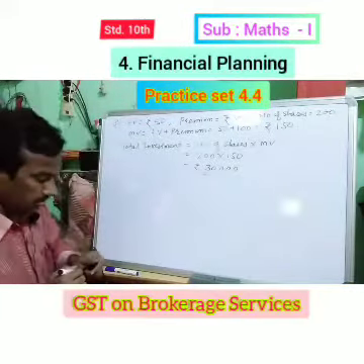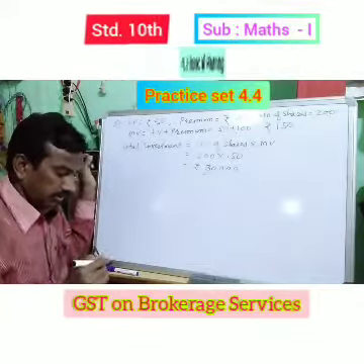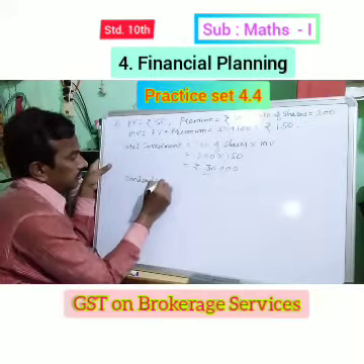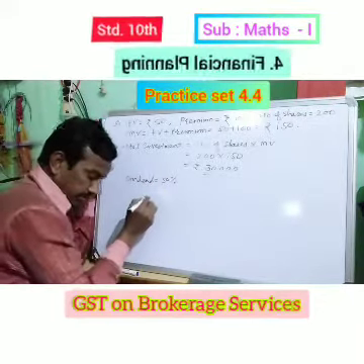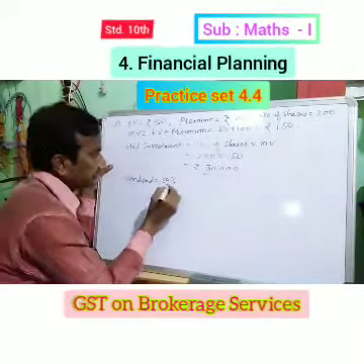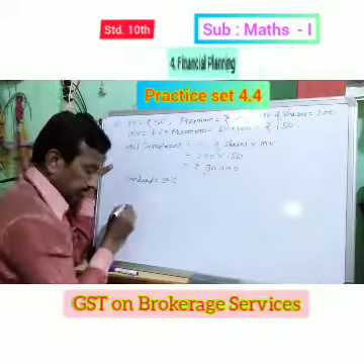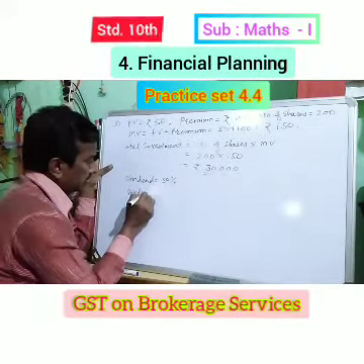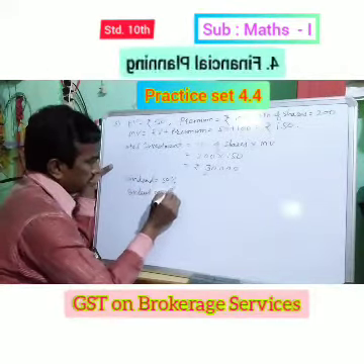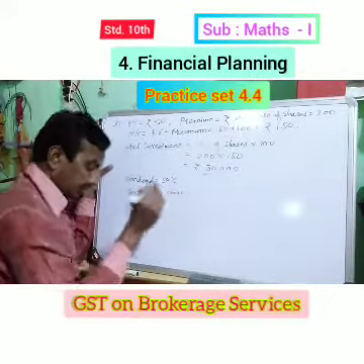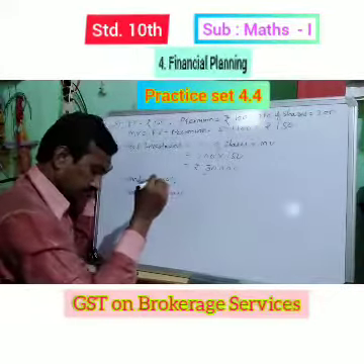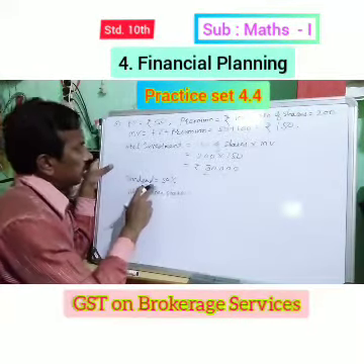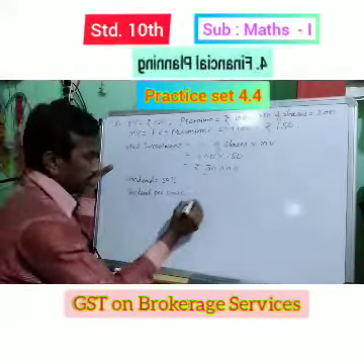Now find out dividend per share. Dividend is given, it is 50%, and face value, we know that it is 50. Dividend per share is dividend into face value.